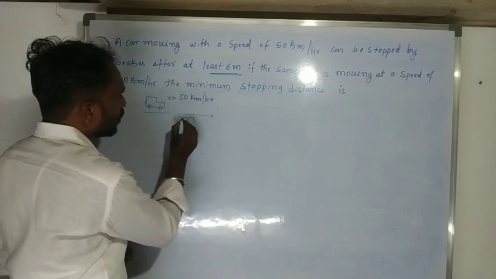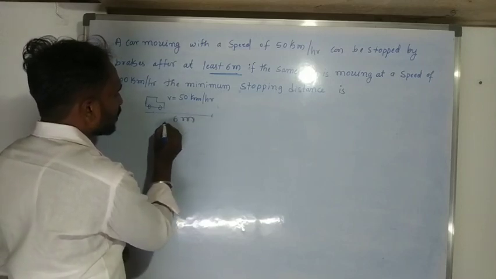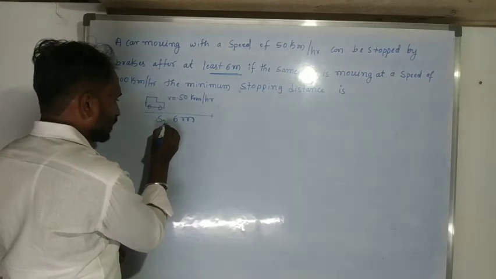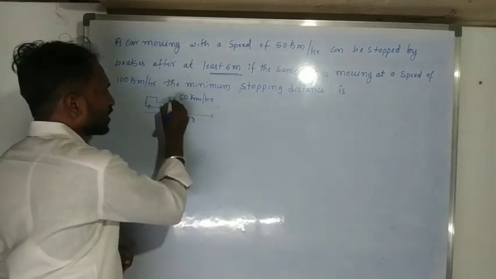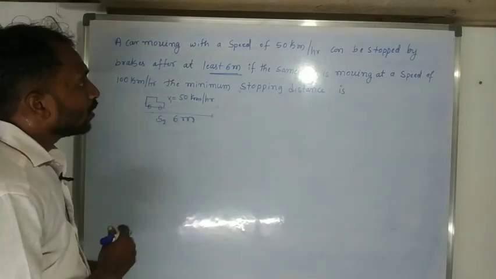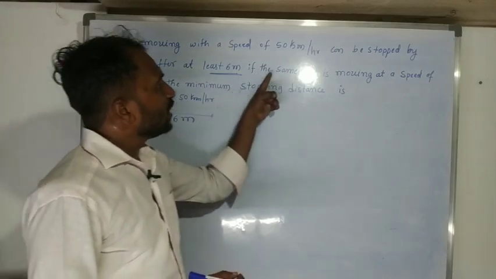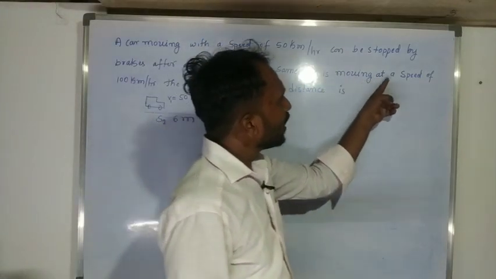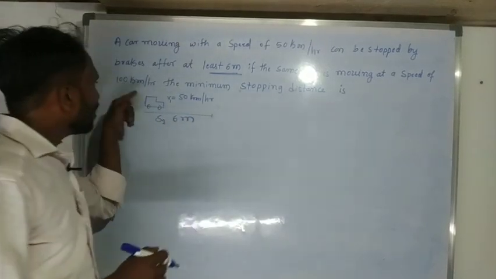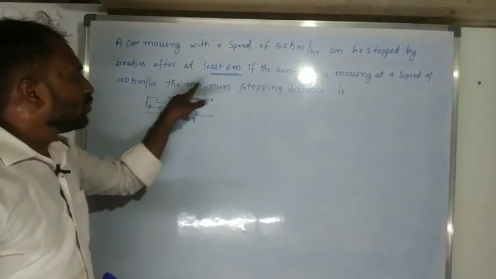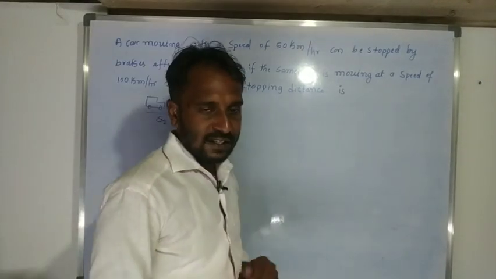6 meter. So this 6 meter we consider as the distance S1. This one is the speed V1. Next, if the same car is moving at a speed of 100 km per hour, the minimum stopping distance is.